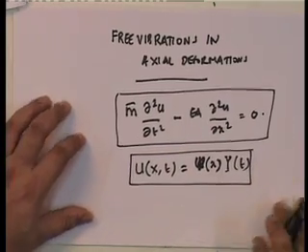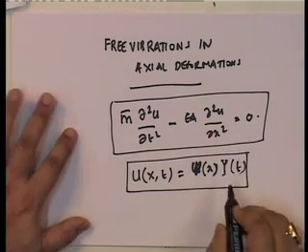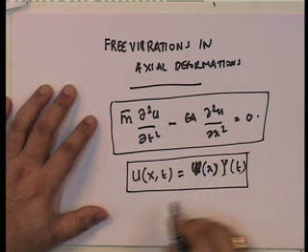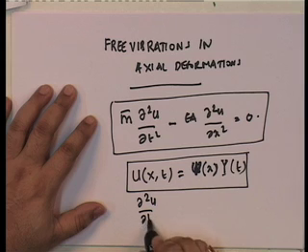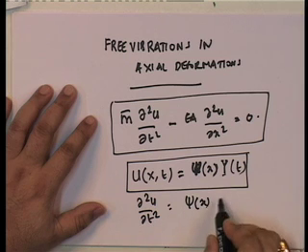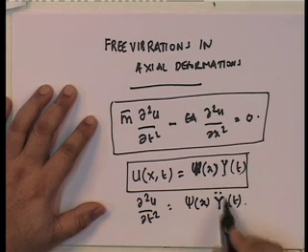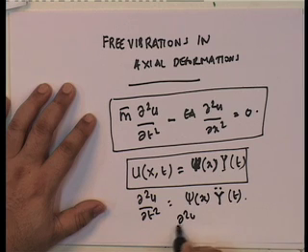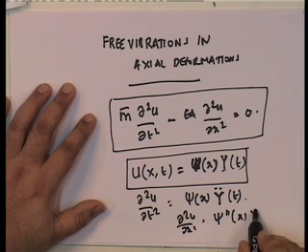If the response is separable, then what do I have? I have this kind of a situation. Del squared u by del t squared becomes xi(x) into y double dot of t, because this is the only one, and del squared u by del x squared is xi double prime (x) y(t).